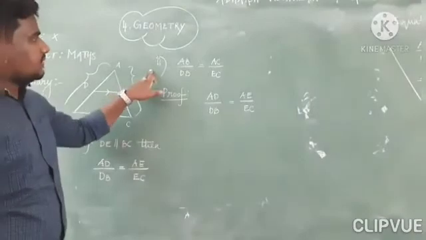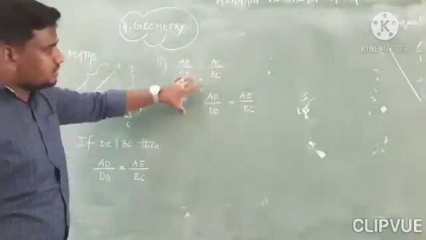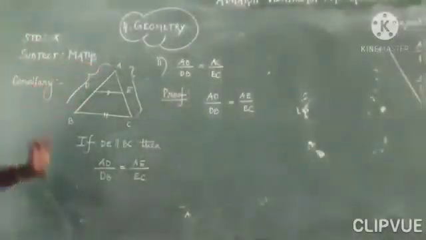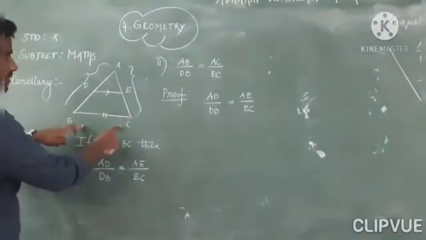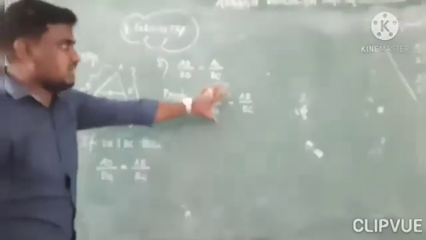The second one, we are going to show AB by DB equals AC by EC using the same concept of the basic proportionality theorem. This DE is parallel to BC, therefore AD by DB equals AE by EC.